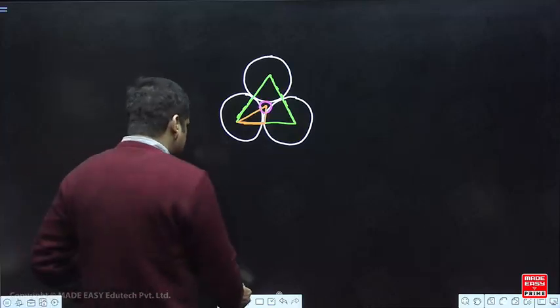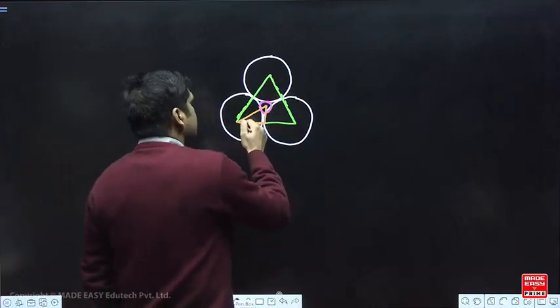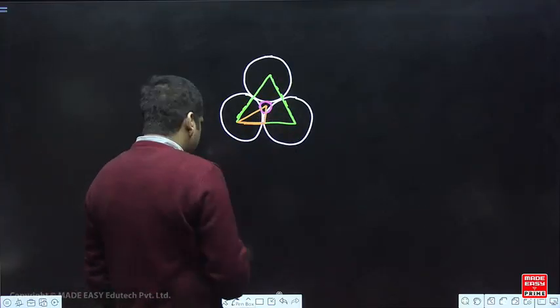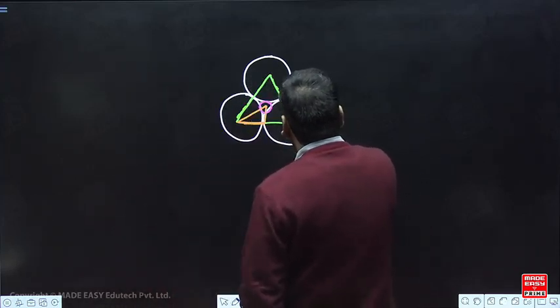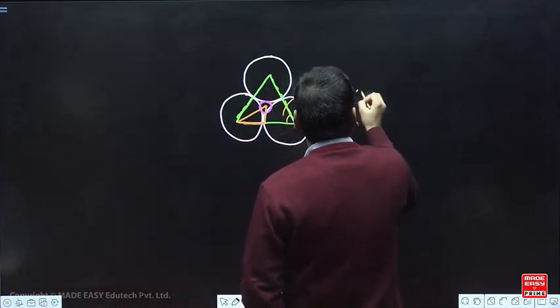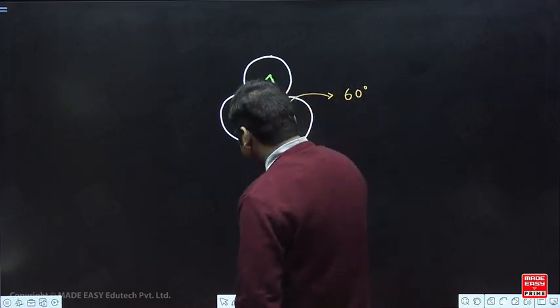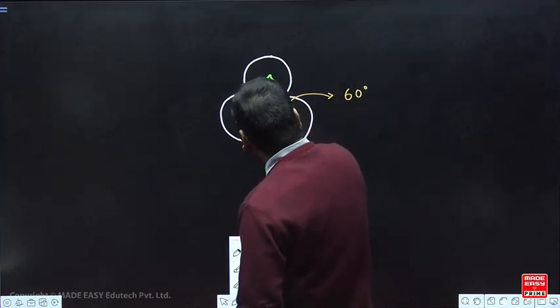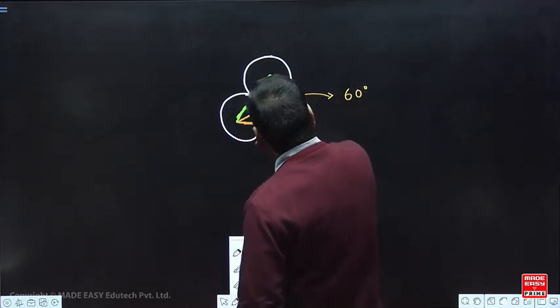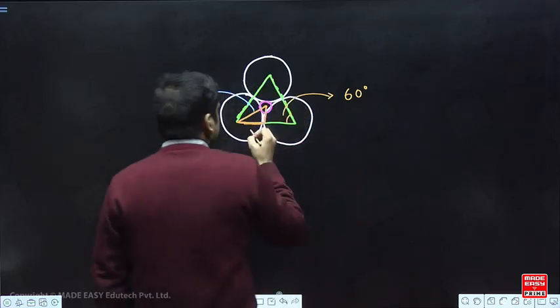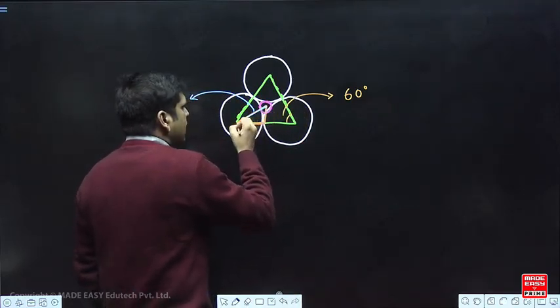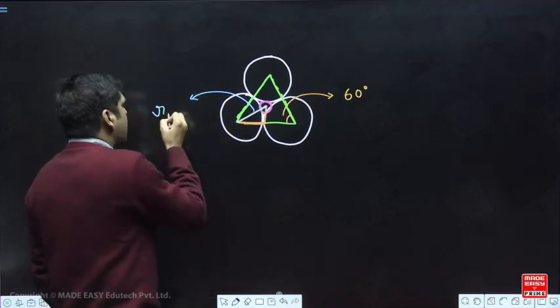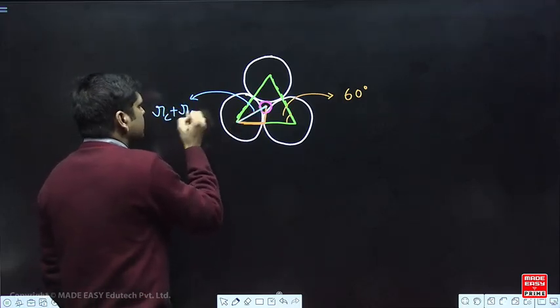So if I connect the centers of these 3 spheres, this will become an equilateral triangle, and this angle is 60 degrees. Now I am putting a line. This line is RC, the radius of the cation, and this is RA. So this line is RC plus RA, right?